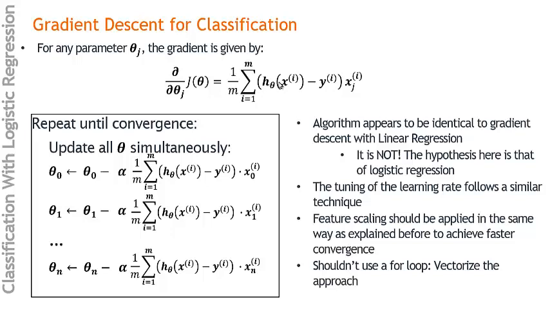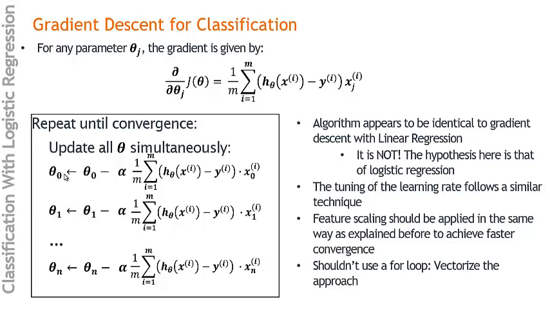And this looks very similar to the expression we had with linear regression, doesn't it? You have the difference times the value of the feature. But the implementation is straightforward. You update each parameter according to this rule.